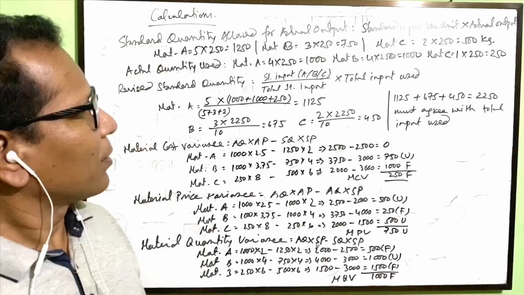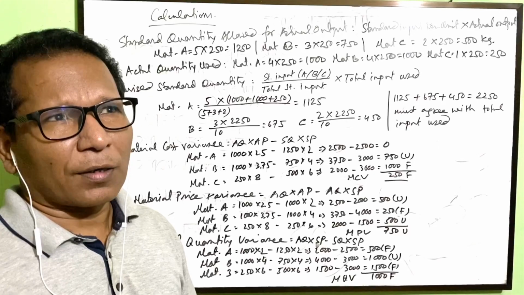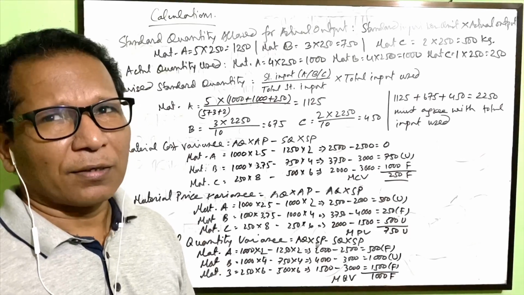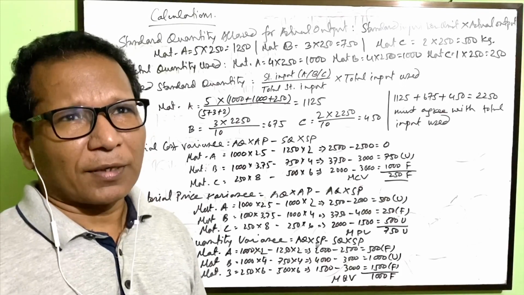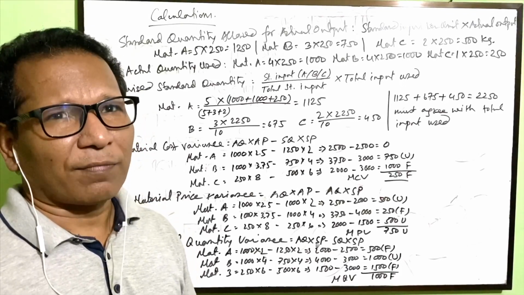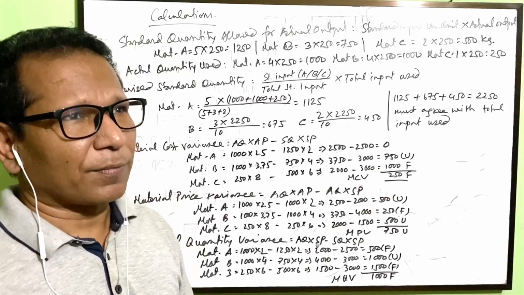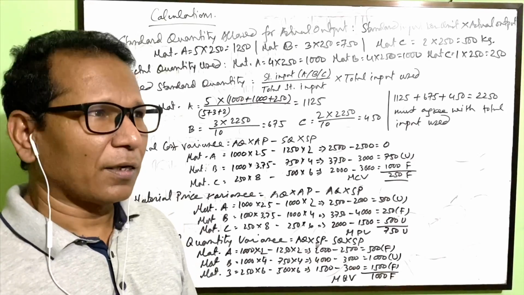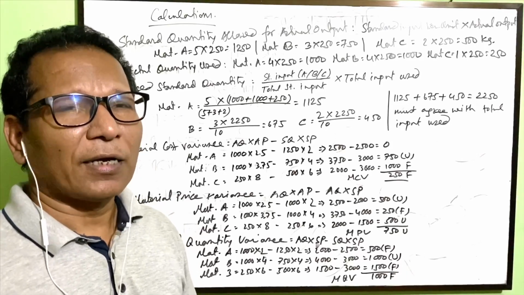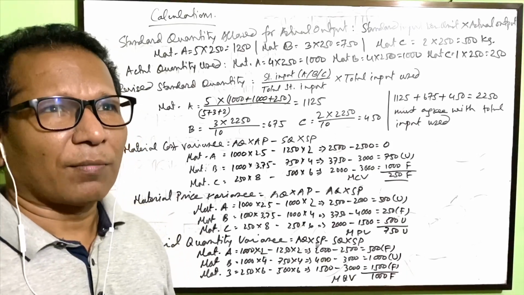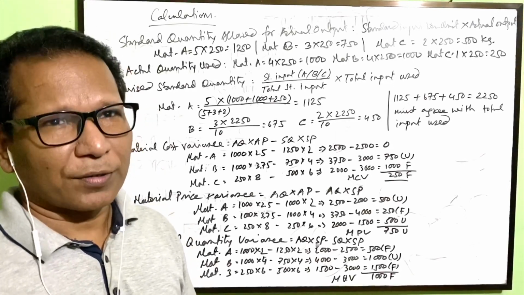Here the standard input for A, B and C is given, that is very plain: 5 units for A, 3 units for B and 2 units for C. To produce a product, material A requires 5 units, material B 3 units and material C 2 units.